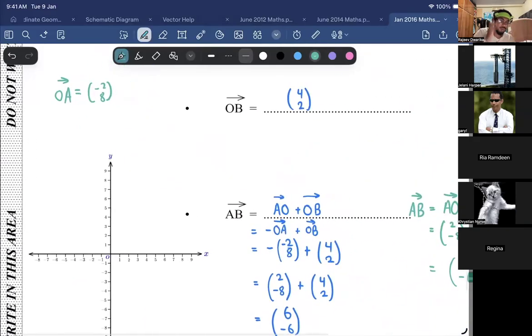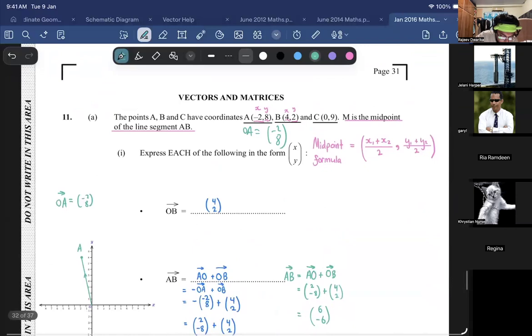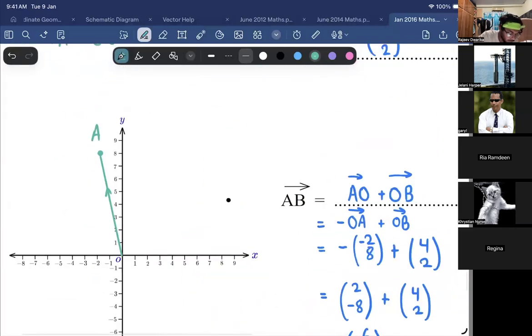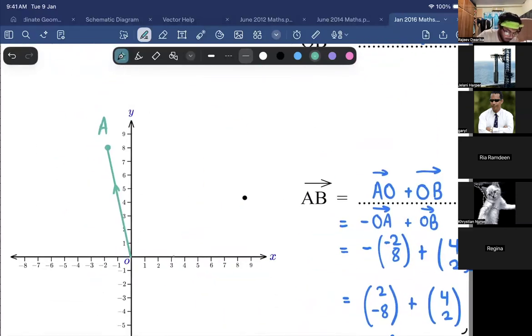So if I want to go from O to A, I need to go 2 to the left and 8 up. So that'll be right here. So what would I call that point over there? A. I call that point A. Great. And then we have B. B is 4, 2. So that's going to be 4 to the right and then 2 up.